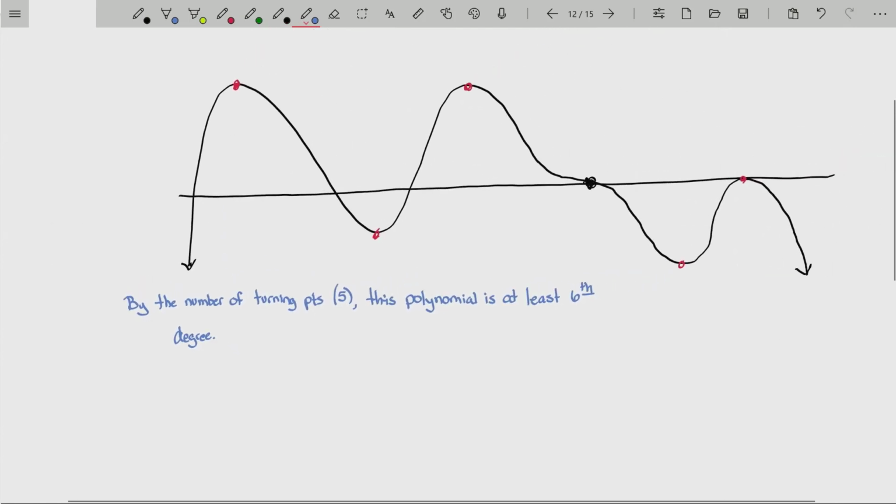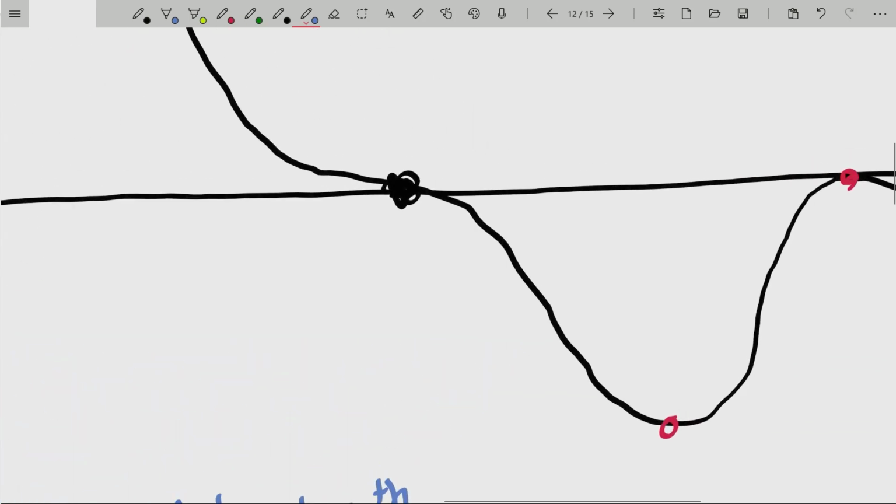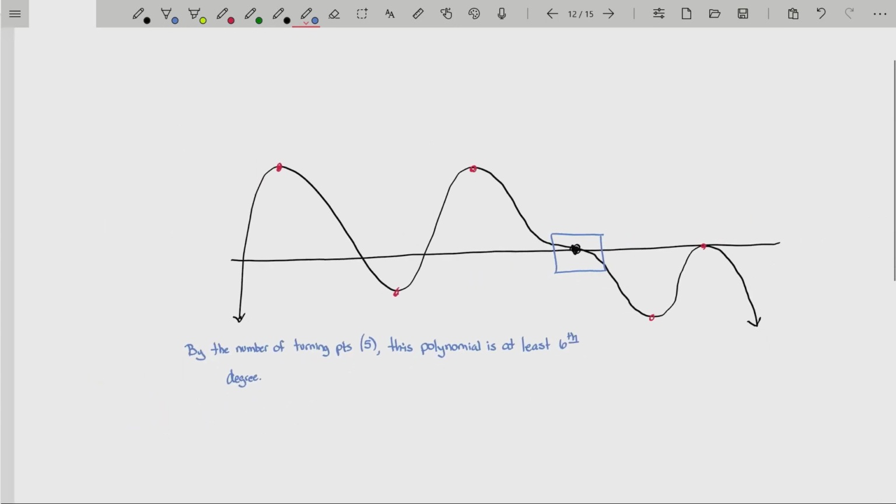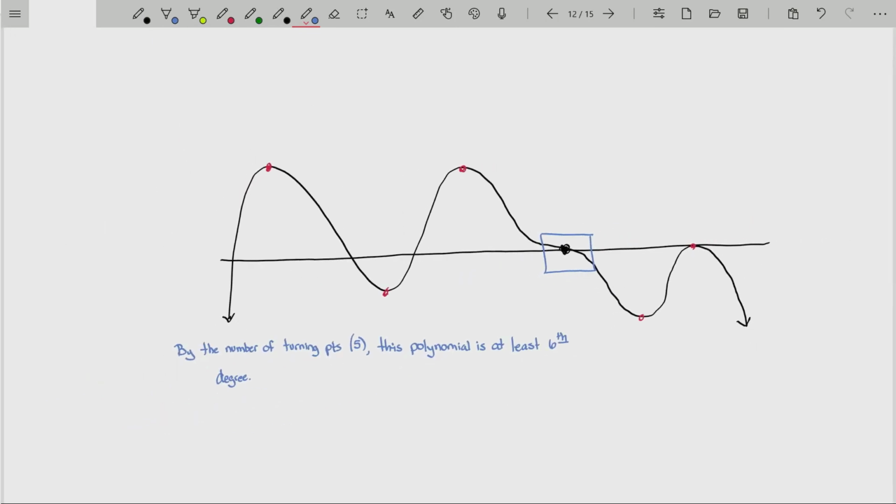However, I did sneak something else in here. If your instructor just kind of scratches something out without having some isolated behavior, specifically this behavior right here, then you can just count up the number of turning points, add 1, and that's the minimal degree of that polynomial. However, let's include a little bit of the conversation we had from a previous section.